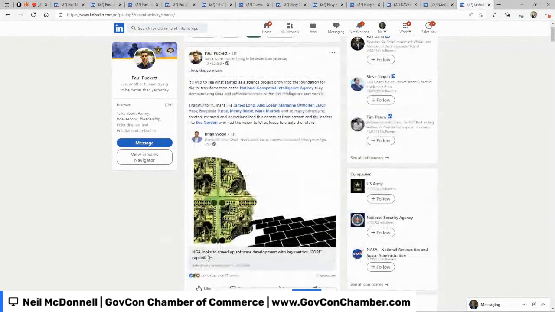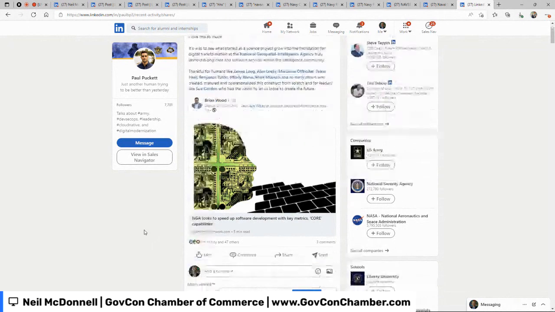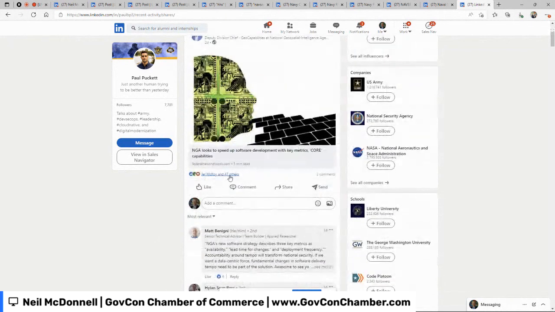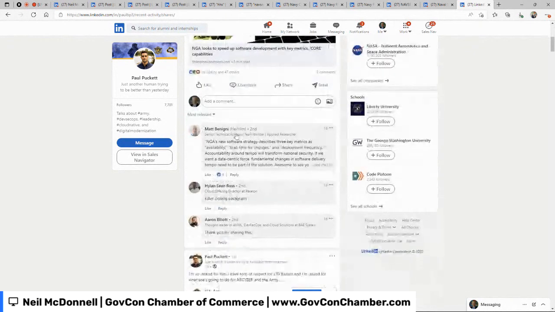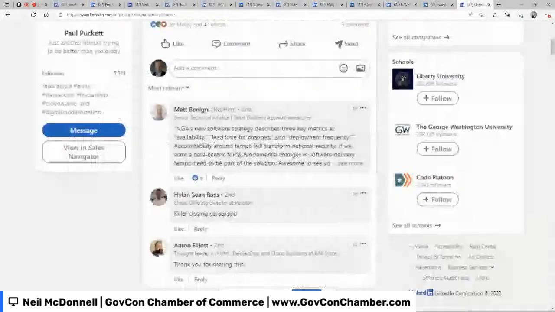A side benefit is now you're, if you were looking at NGA, National Geospatial Agency, you would also find a good bit of information that you could go out and tag them as well. So there's a lot of relevant information. But if you came in here and gave a thumbs up or a comment, he's going to look at it.